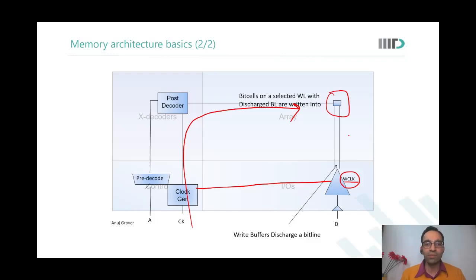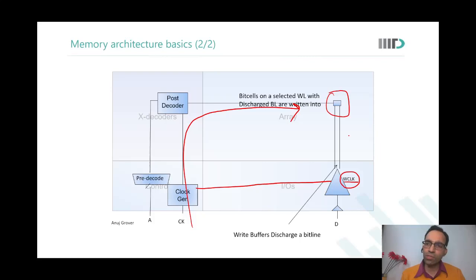Talha, you had a question? Yes, sir. In the writing operation, there are two parts, the write buffer and the pre-decoder, which also has an input. Where does the information go?